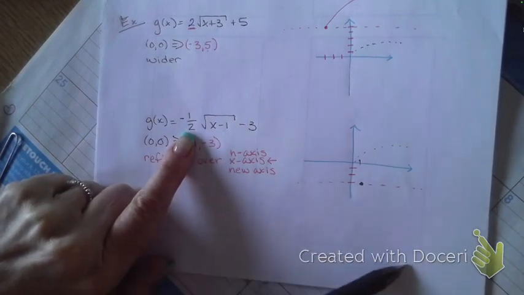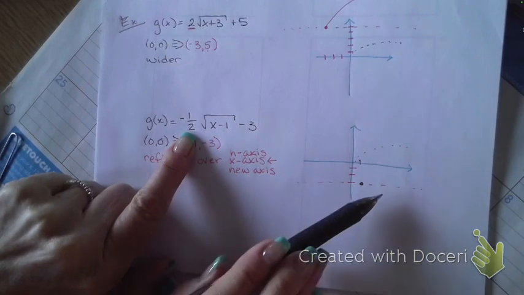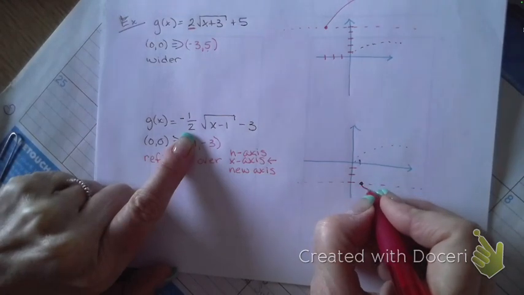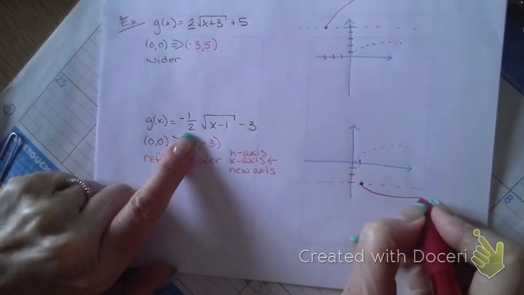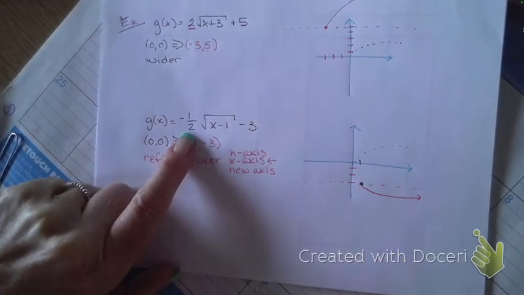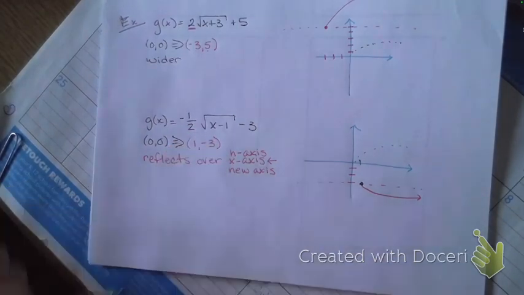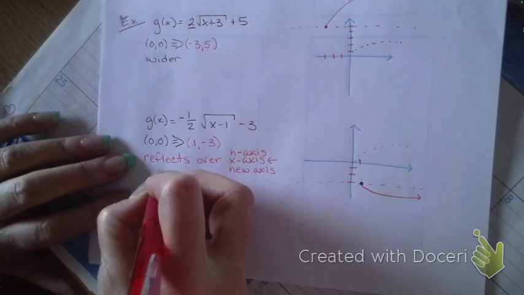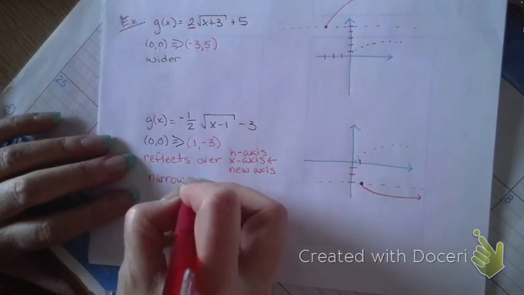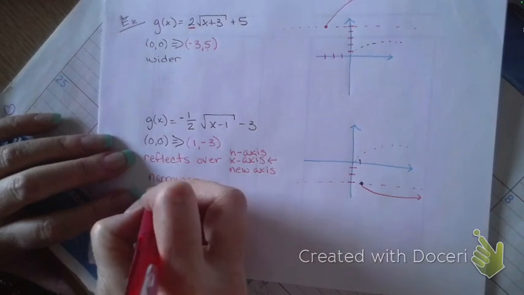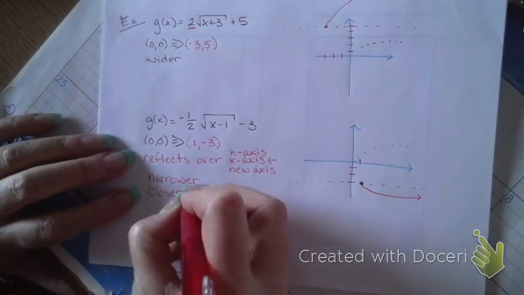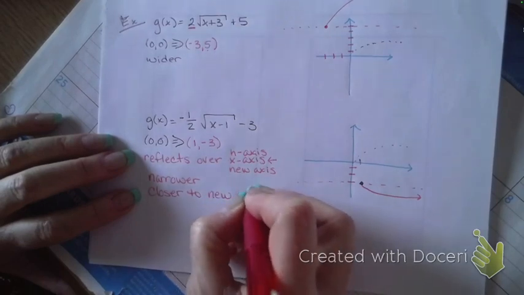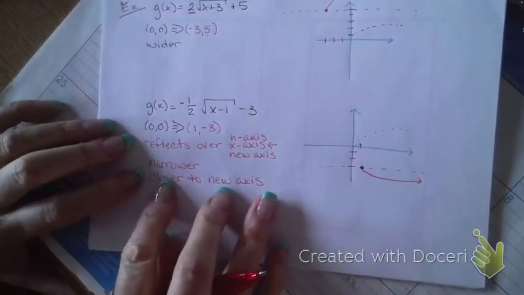Closer. I don't know how much, and I'm not going to make a table. So we can say closer or narrower, or you can say closer to the new axis.